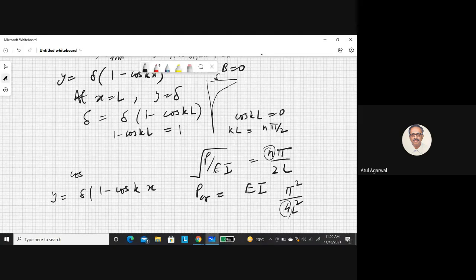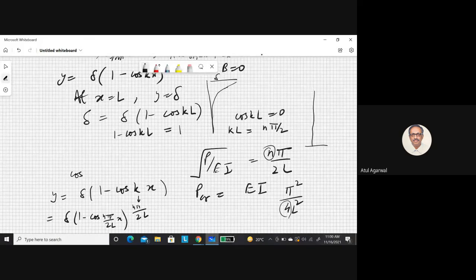So you here replace K as n pi by 2L. So now your deflection curve is looking like this. Okay. So you see, you change n is equal to 1, n is equal to 2, n is equal to 3. You will get different kinds of deflection shapes.